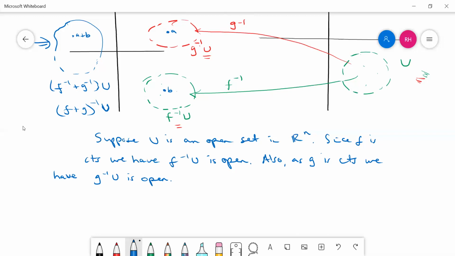Okay, so now I'm going to use a little trick which will break up the video into two. So I can just now write, it will suffice to show that the sum of two open sets is an open set.